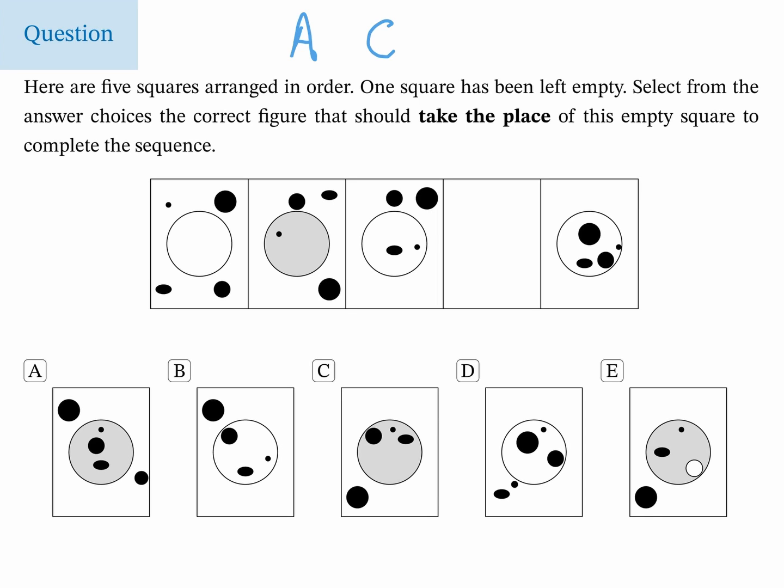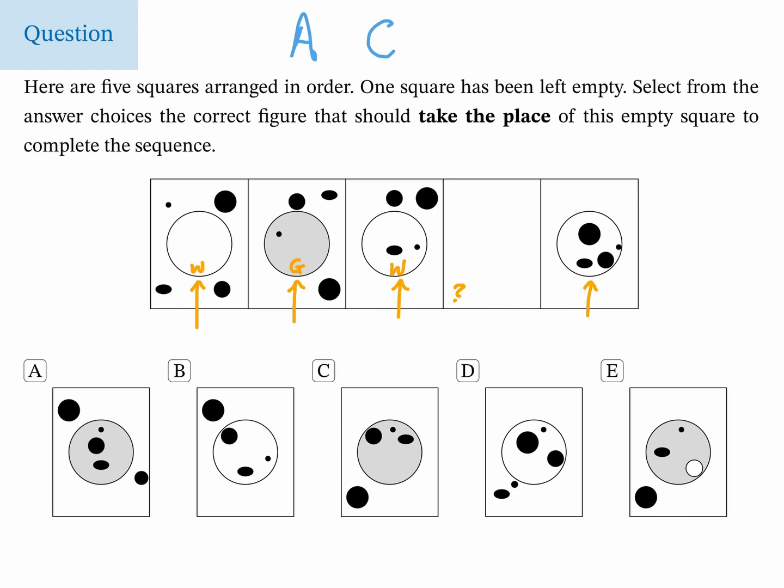Okay, so let's figure out what's happening here. The first thing we can notice in each box within the sequence is that we have a big circle in the middle of each diagram that we've been given. But we also notice that in the first diagram, the big circle is white. In the second diagram, the big circle is gray. In the third diagram, the big circle is white again.